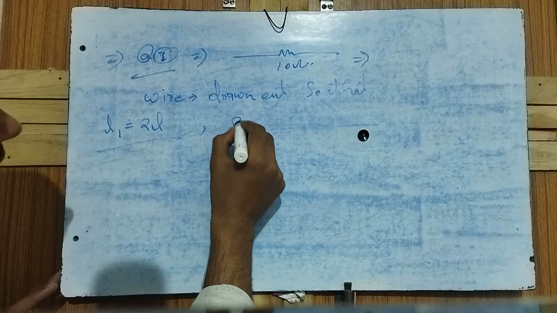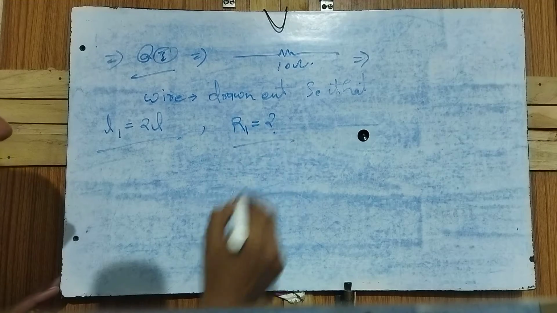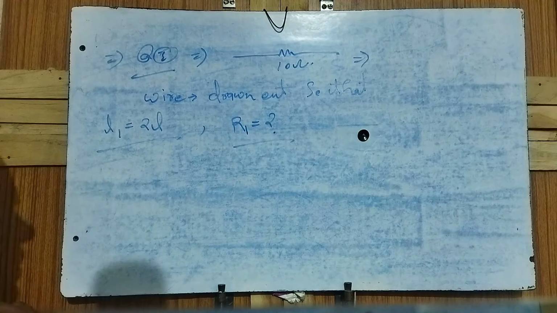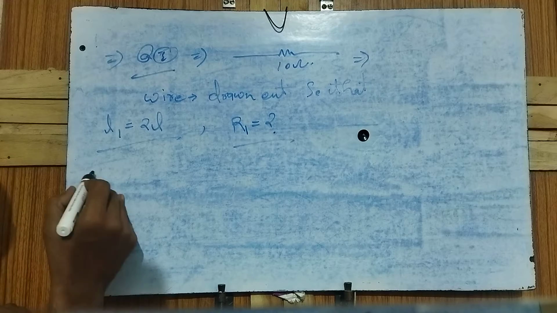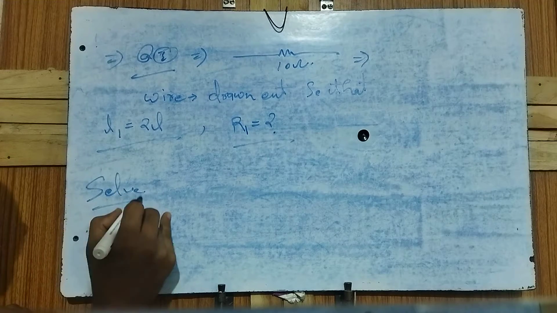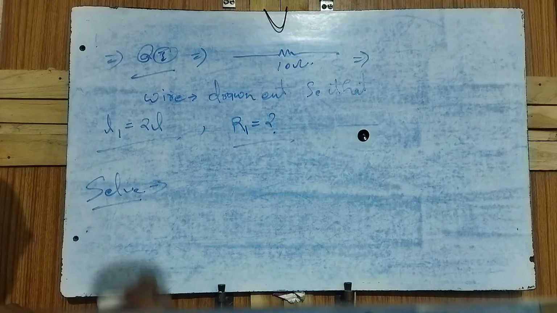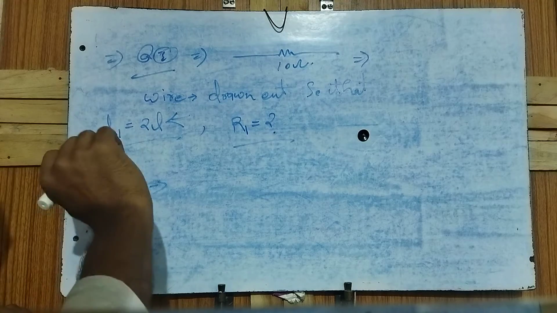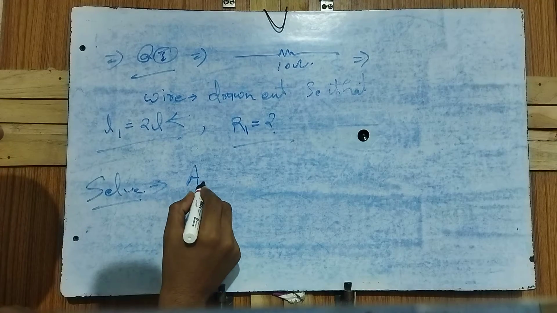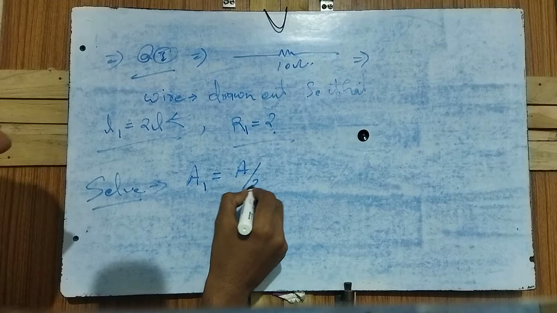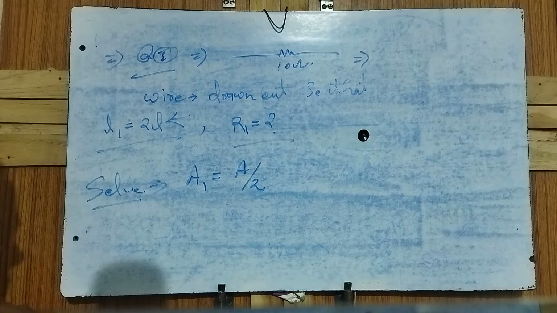What will be the value of resistance? Let that be R1. If the wire is drawn out to double its length, the area will be half.